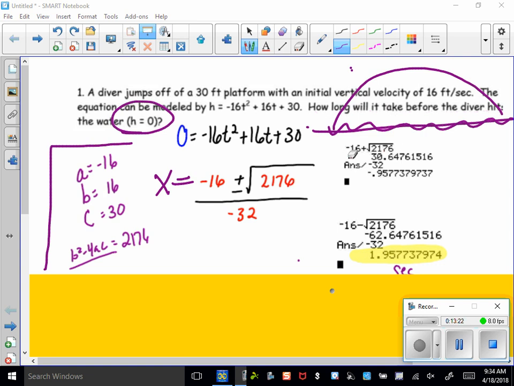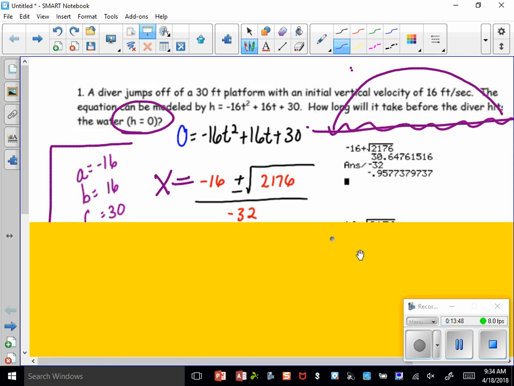So everybody type this in for me: negative 16 plus the square root of 2,176, and then hit enter. Please hit enter first. Do not divide by negative 32 yet. When you hit enter, this is what you should get: 30.647 and so on. How many people got that? Okay, good.